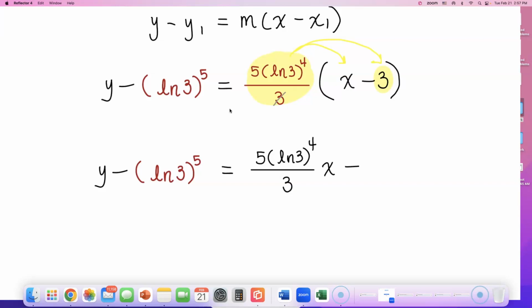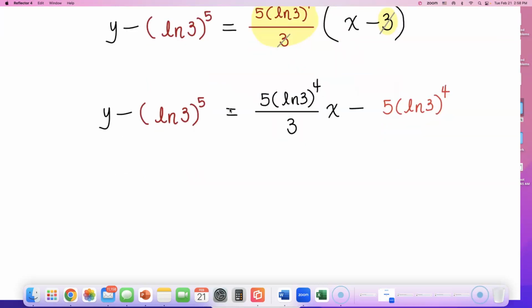The 3's cancel out. So the only thing that I have left is 5 times the, what used to be on top of the fraction, right? So nice, nice, nice. So let's do the final step.